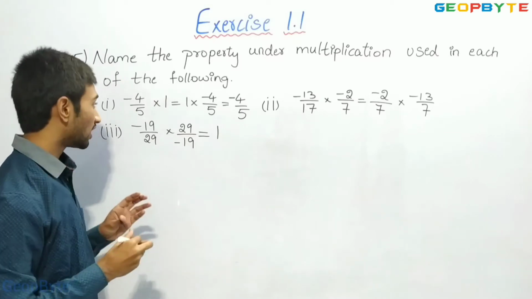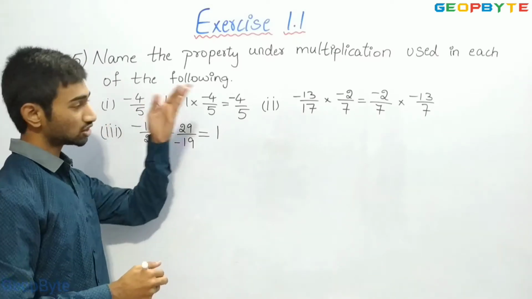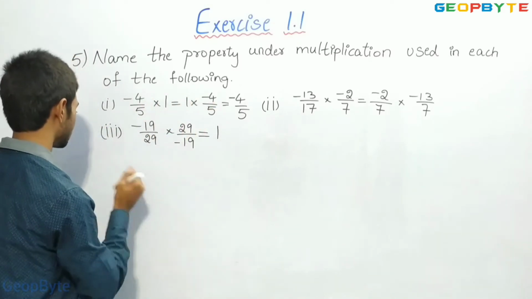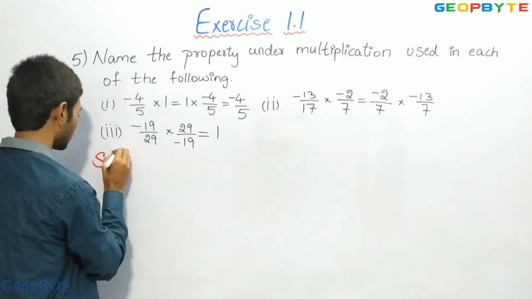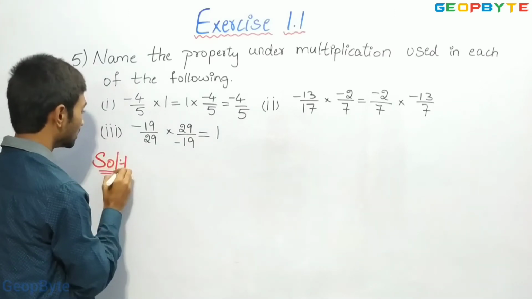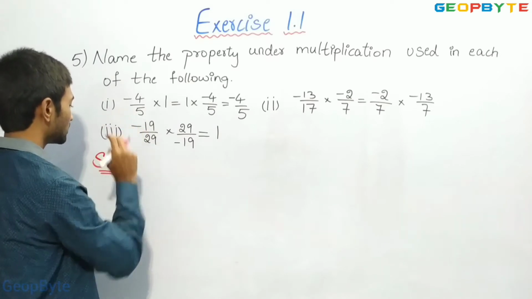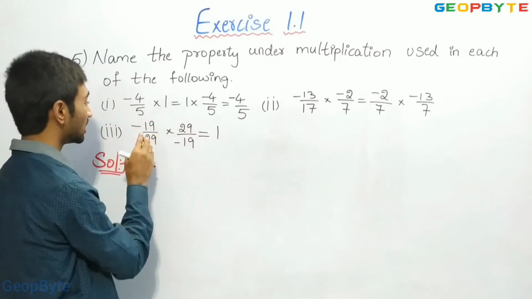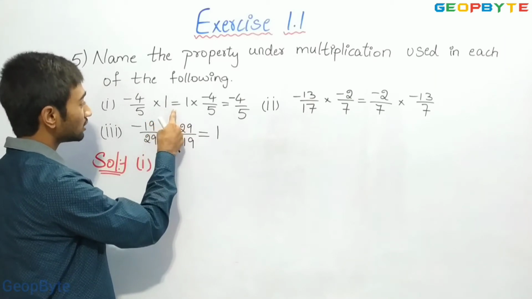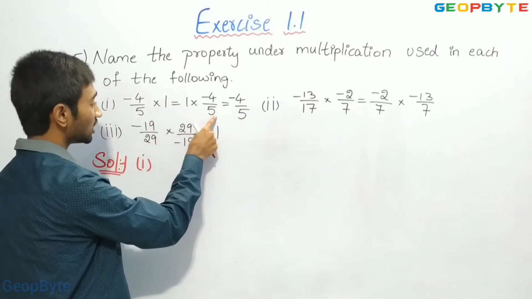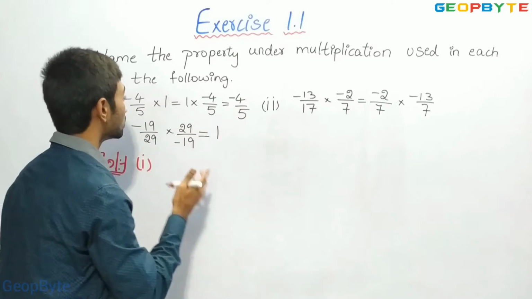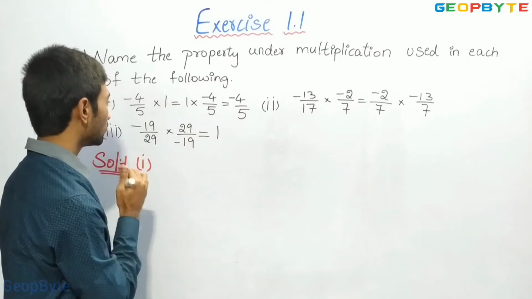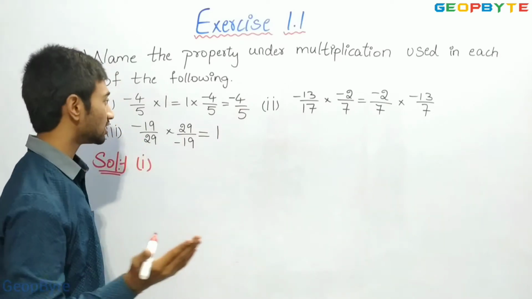Now, let us find the property of each of the following. Let us see the first bit. Here we can observe that a into 1 is equal to 1 into a equal to a. So, it is in the form of multiplicative identity.